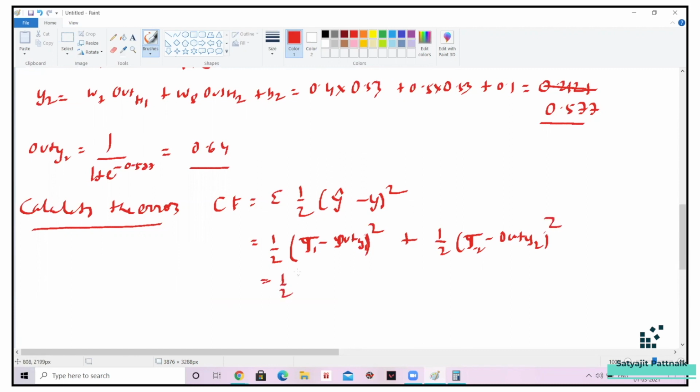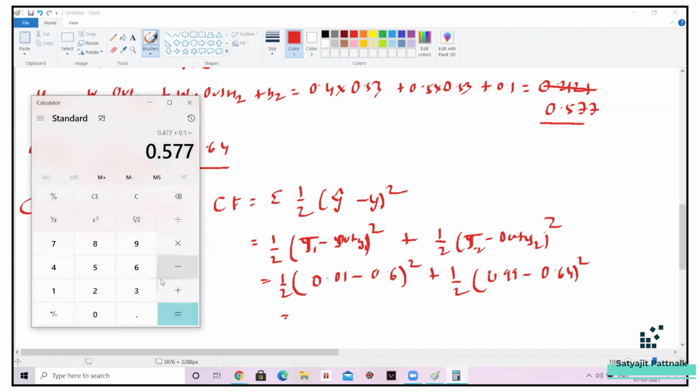So this will be half of (0.01 minus 0.6) squared plus half of (0.99 minus 0.64) squared. So what will be the value? 0.01 minus 0.6, sorry, 0.6, 0.59 times 0.59 divided by 2.